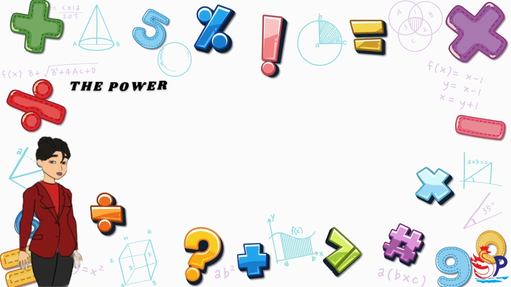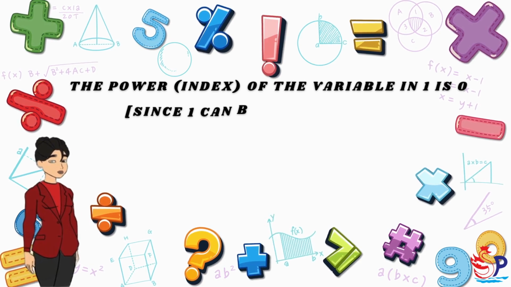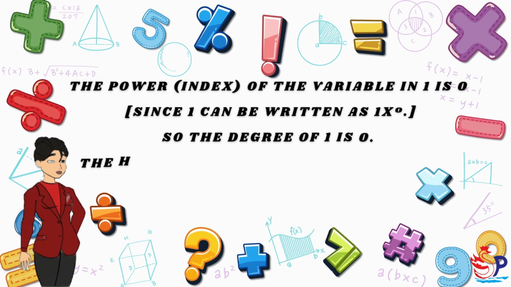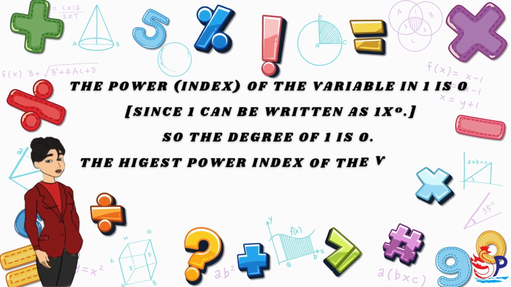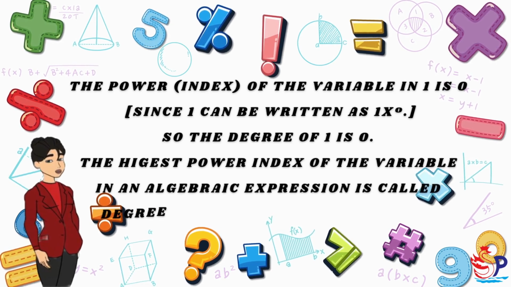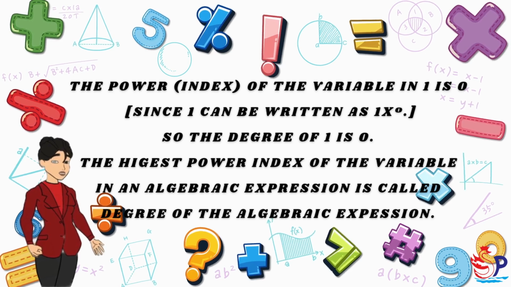The power index of the variable in 1 is 0, since 1 can be written as 1x power 0, so the degree of 1 is 0. The highest power index of the variable in an algebraic expression is called the degree of the algebraic expression.